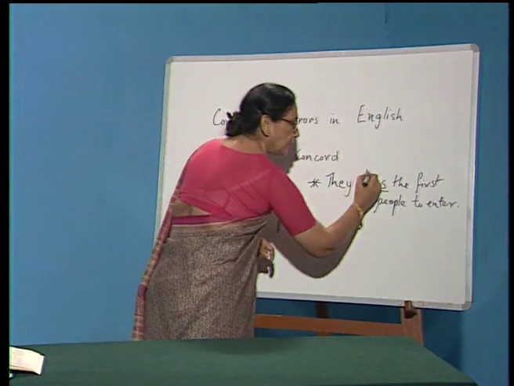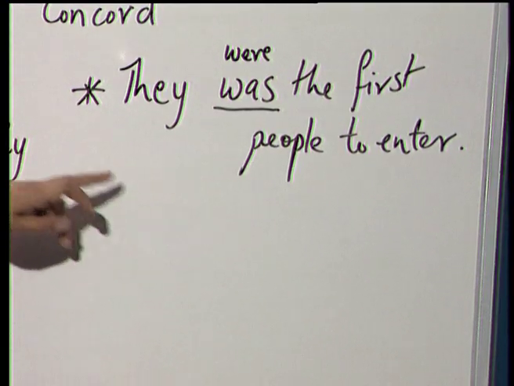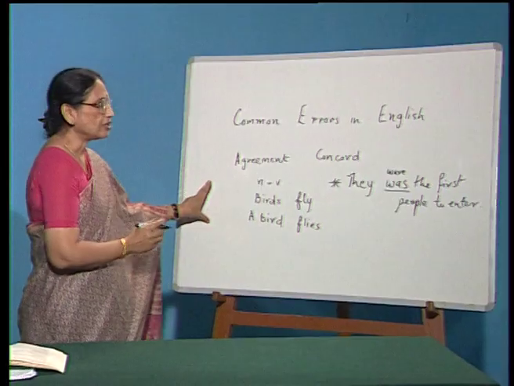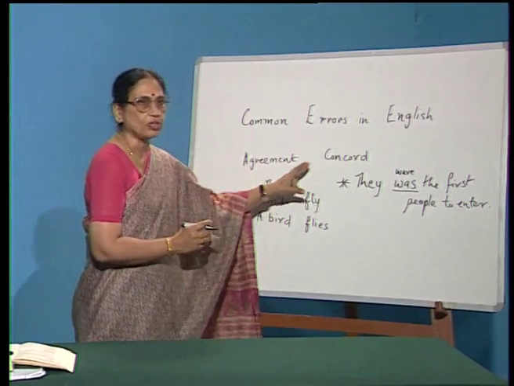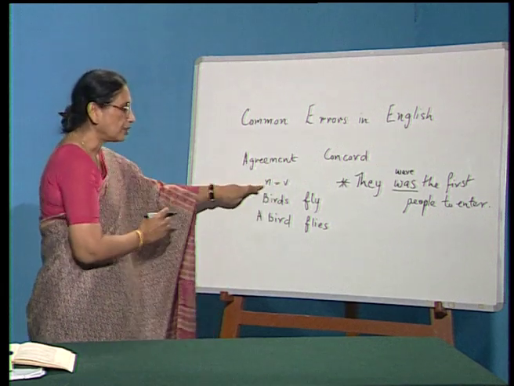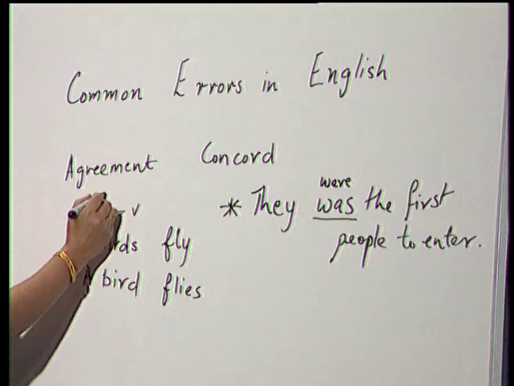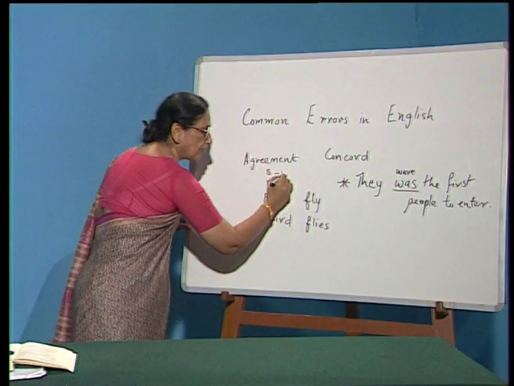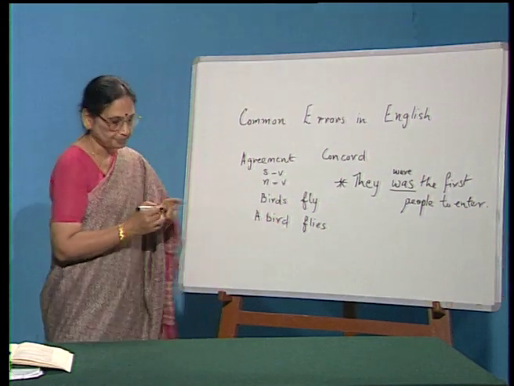Instead, it should be they were the first people to enter. This kind of error is known as the error of agreement or the error of concord or the error of subject and verb or noun and verb. The noun can also be called the subject. So, we could also call this agreement between the subject and the verb. The subject and the verb should always agree.